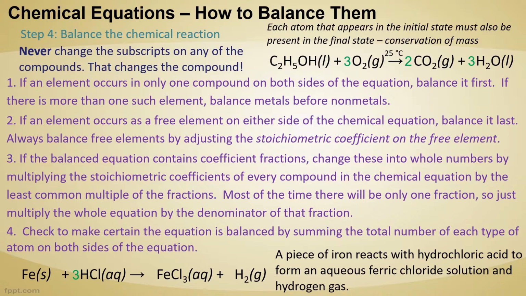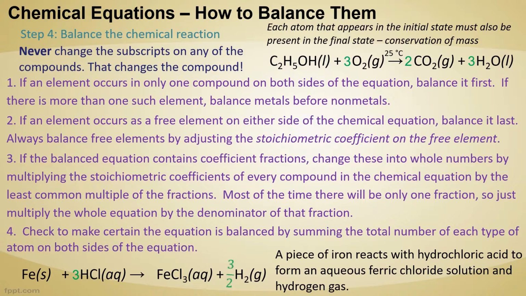Now we count hydrogens. We have 3 on the reactant side and only 2 on the product side. Remember, we balance hydrogens by only changing the H2 stoichiometric coefficient, since it's a free element there.